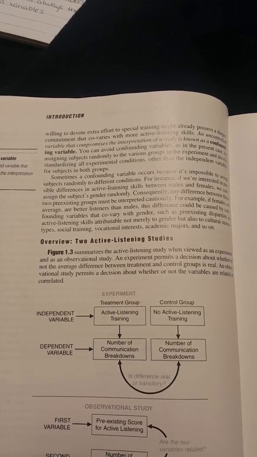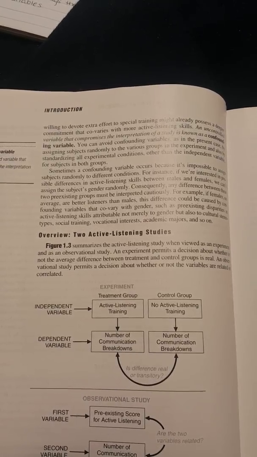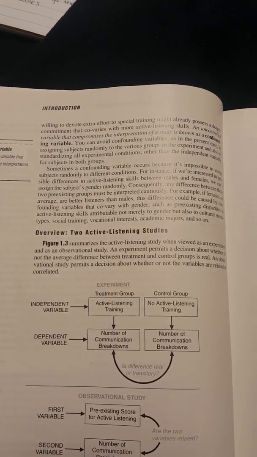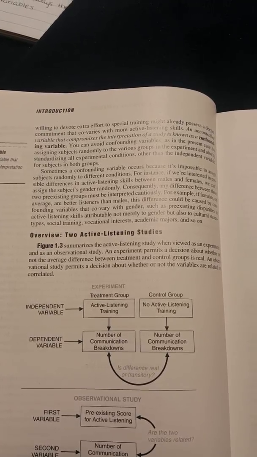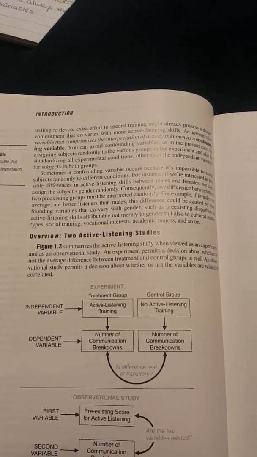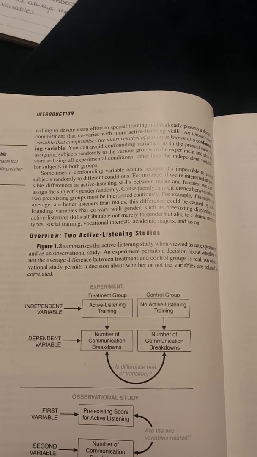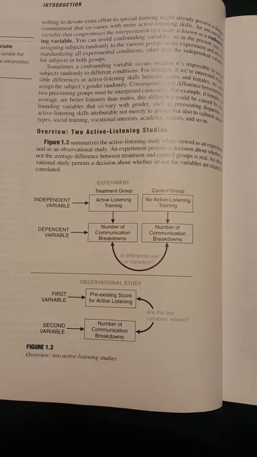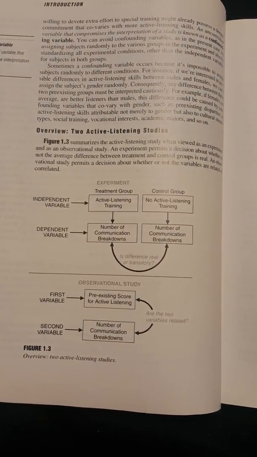You can avoid confounding variables, as in the present case, by assigning subjects randomly to various groups in the experiment, and also by standardizing all experimental conditions other than the independent variable for subjects in both groups. So here is just a figure.